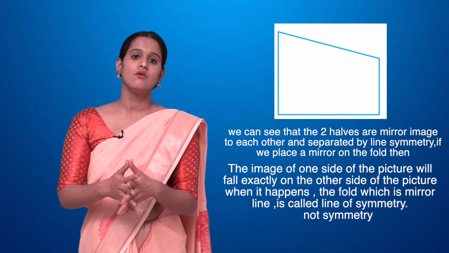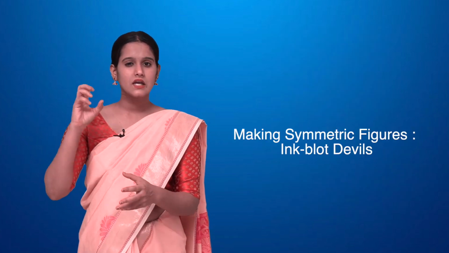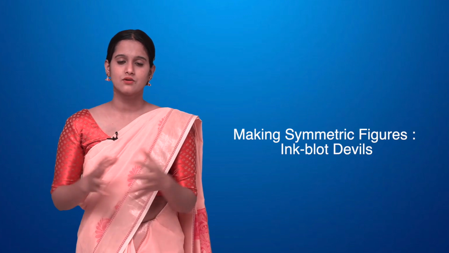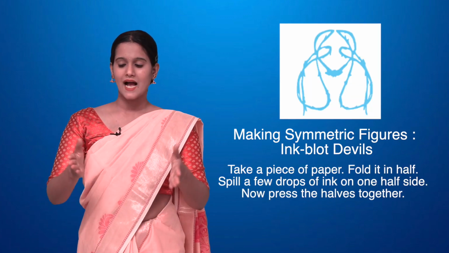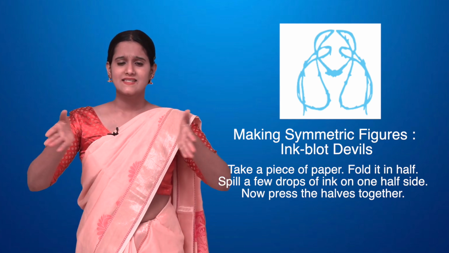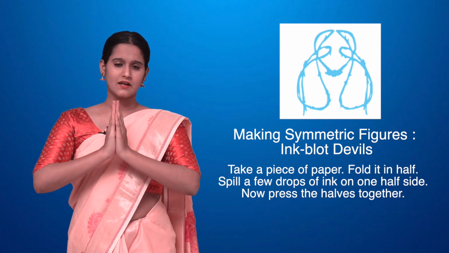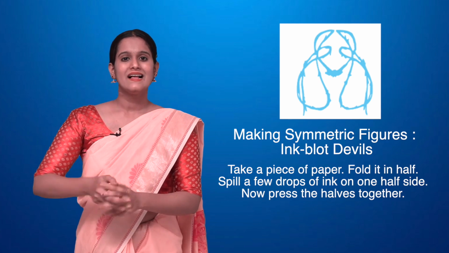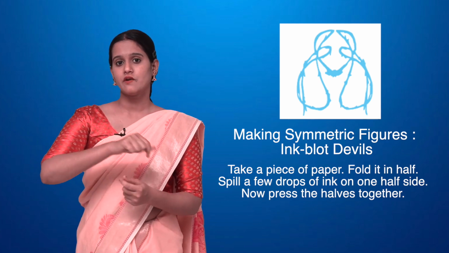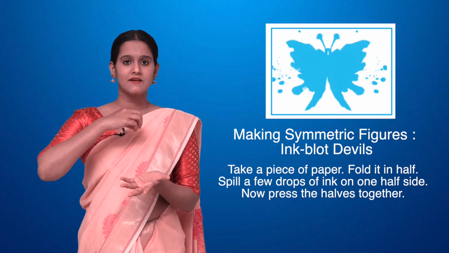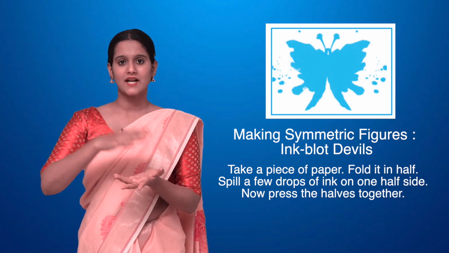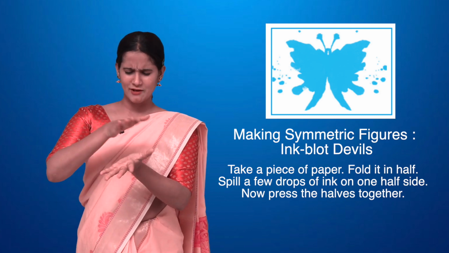Let's see how to make a symmetric figure using an ink blot device. First I'll take a piece of paper and fold it exactly in half. Now I'll spill a few drops of ink on one half, keeping the other half as it is. Now I'll fold it and press it.